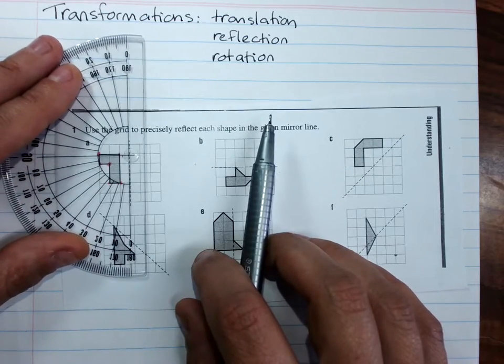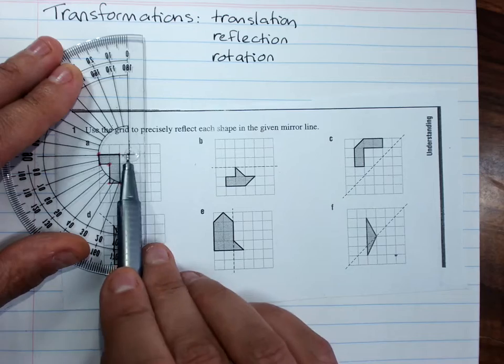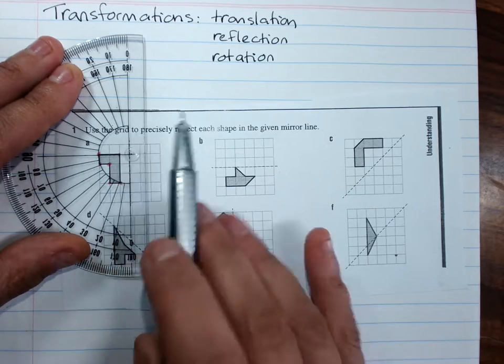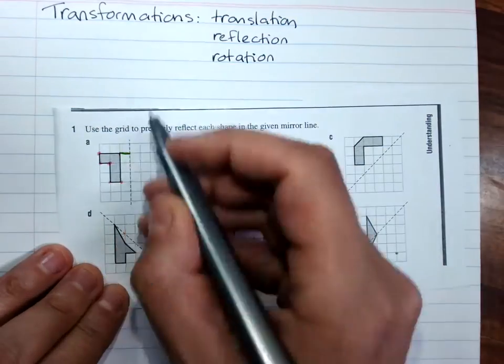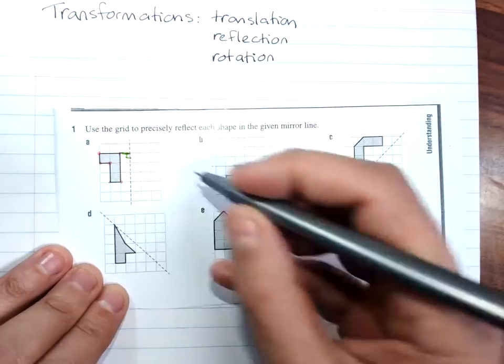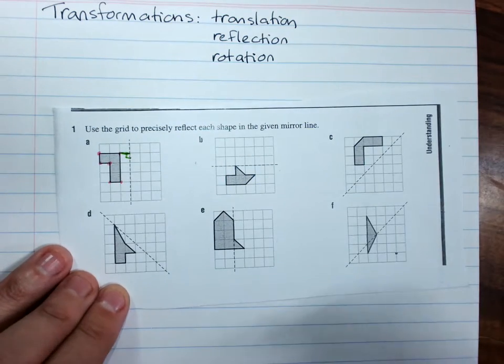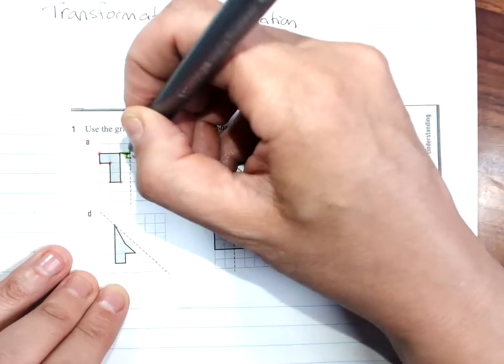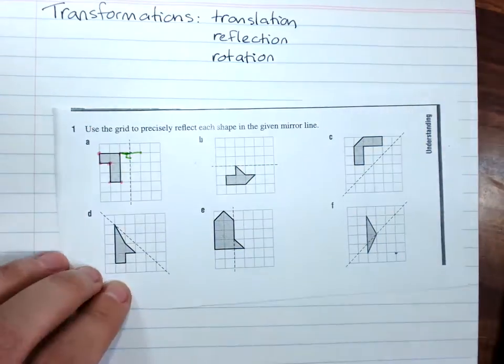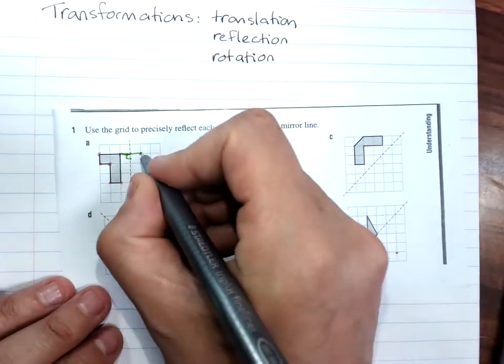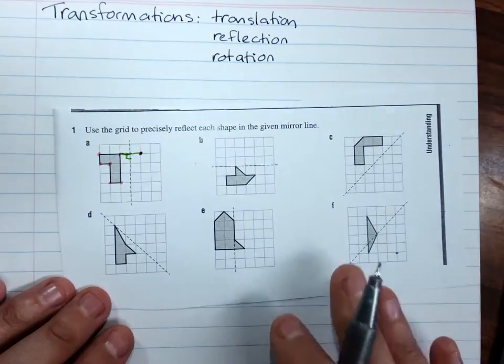So if I put my protractor on the mirror line, 90 degrees is there. From this point to the mirror line, it's 90 degrees. And keep going the same distance on the other side of the mirror line. That is my first point of this shape.